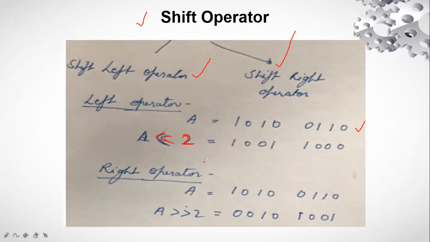What we are going to do is leave 2 spaces empty and shift these bits. 0 is here, 1 is here, 1 comes here, 0 comes here, 0 comes here, and 1 comes here. Just forget about these 2 bits. Where 2 spaces are left, we put 0 by default. So this is what the left shift operator gives.